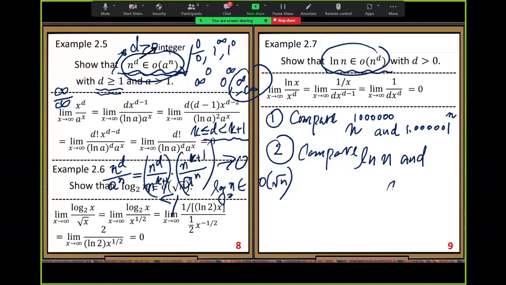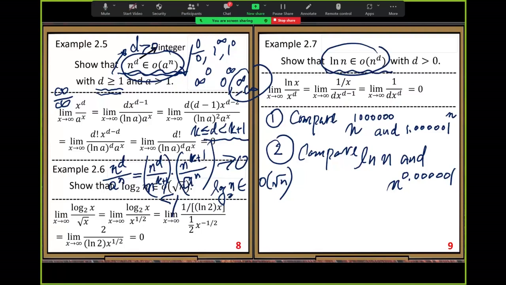Can we consider n to the 0.0000001? It looks so small, with so many zeros after the decimal point. The same question: of these two functions, which one would be the final winner when n goes to infinity?